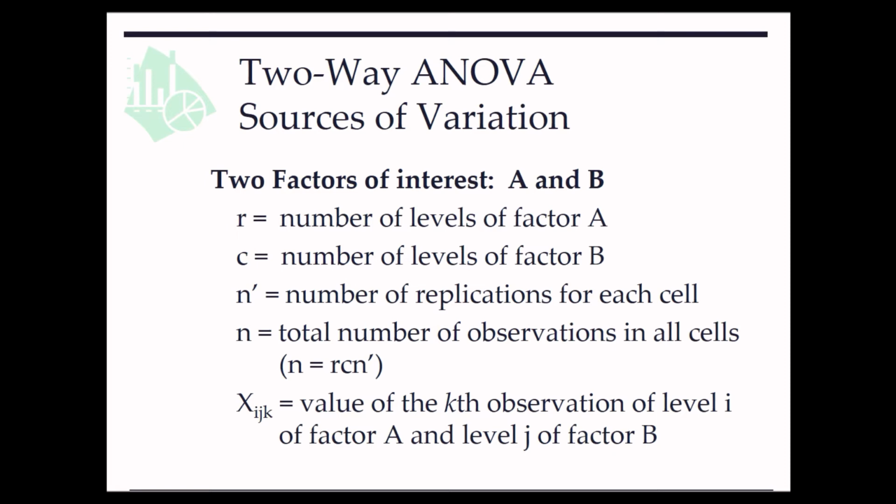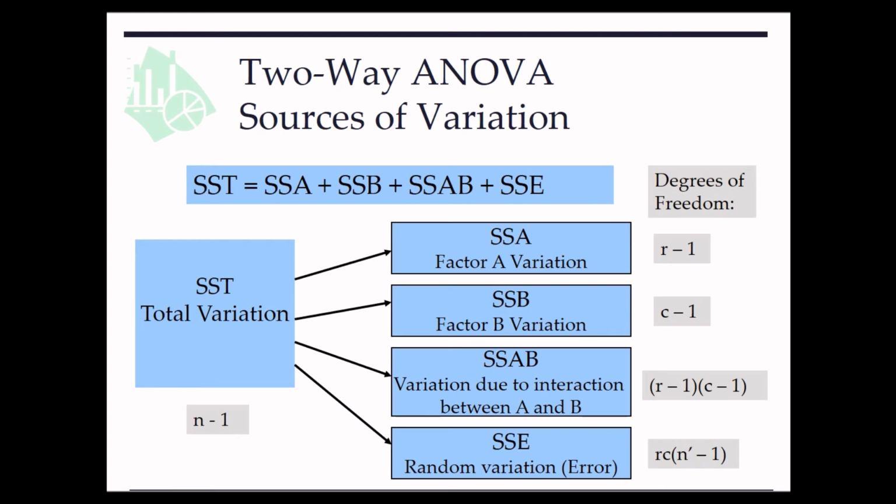Then let x_ij(k) be the value of the kth observation of level i of factor A and level j of factor B. So again, we can consider different sources of variation like in one-way ANOVA.